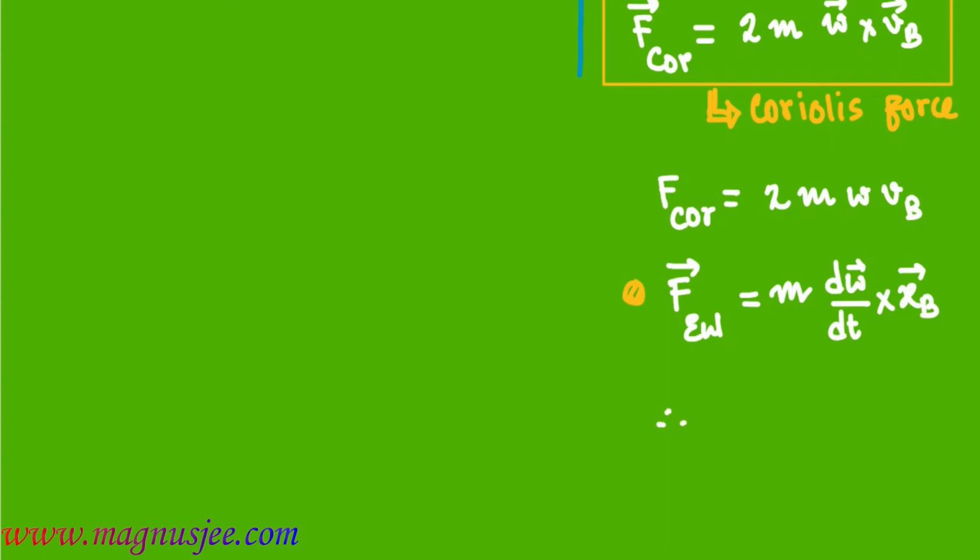So the magnitude of Euler force is F Euler equal to m d omega by dt xb.